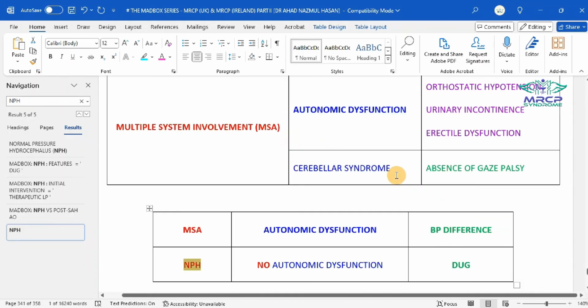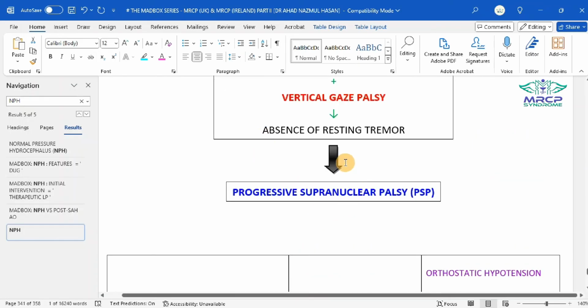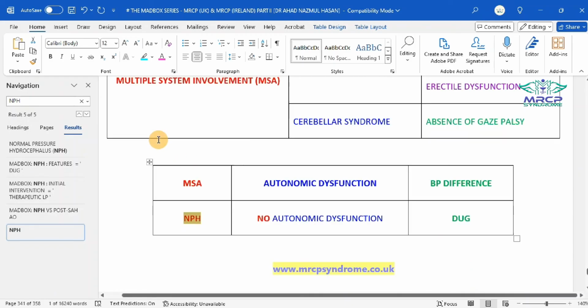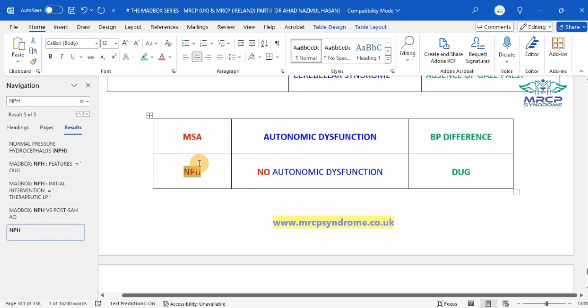As part of cerebellar syndrome, there may be absence of gaze palsy. So gaze palsy is always present in progressive supranuclear palsy, but it would be absent in MSA. To differentiate MSA from NPH, NPH will have DUG with no autonomic dysfunction, but in case of MSA, there would be no DUG, but there would be autonomic dysfunction.